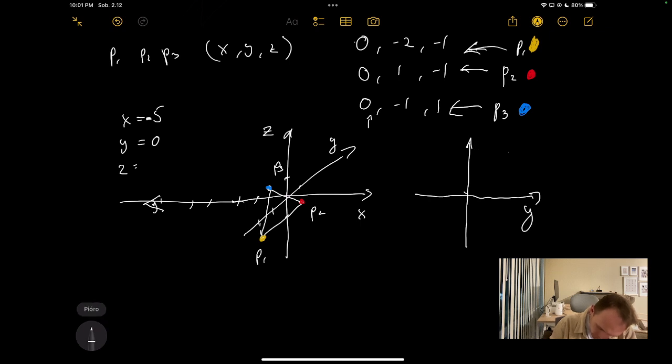So this is y and this is z, and then it's 1, 1, 1, 1 and 2. So -2, -1 is here, P1, and then 1, -1 is here, and then -1, 1 here. Here's our triangle. And all of this is in world coordinates.